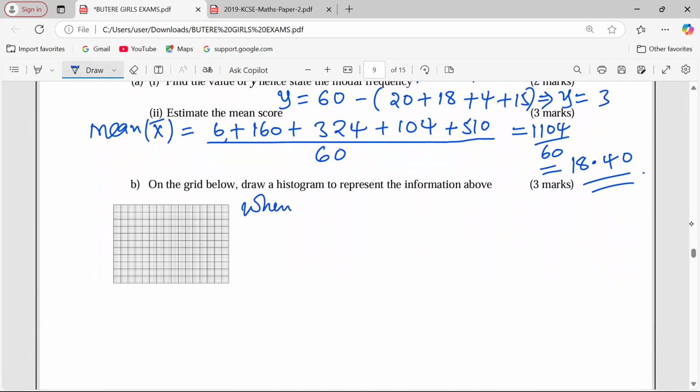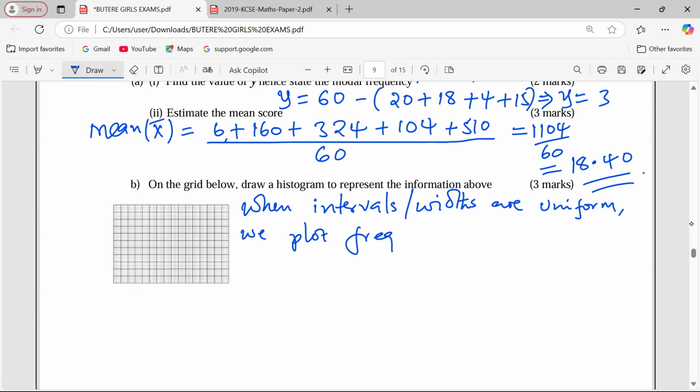When class intervals, or class widths, are the same, or simply uniform, we plot frequency against boundaries.